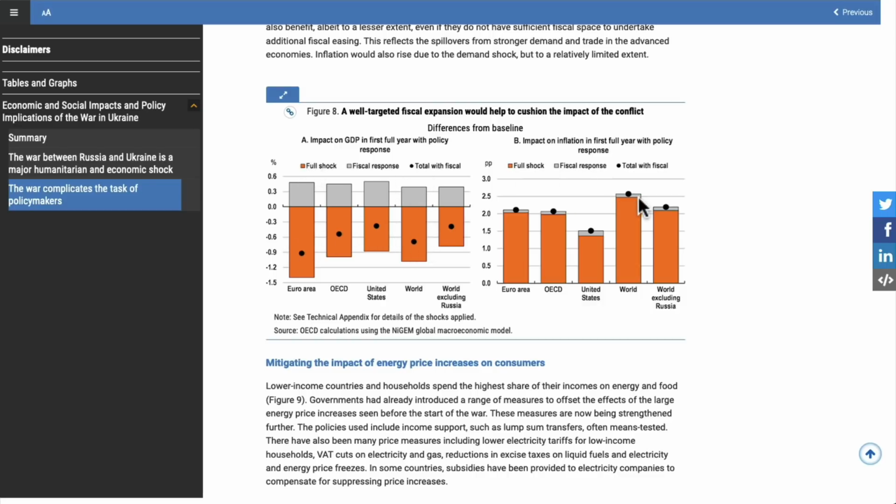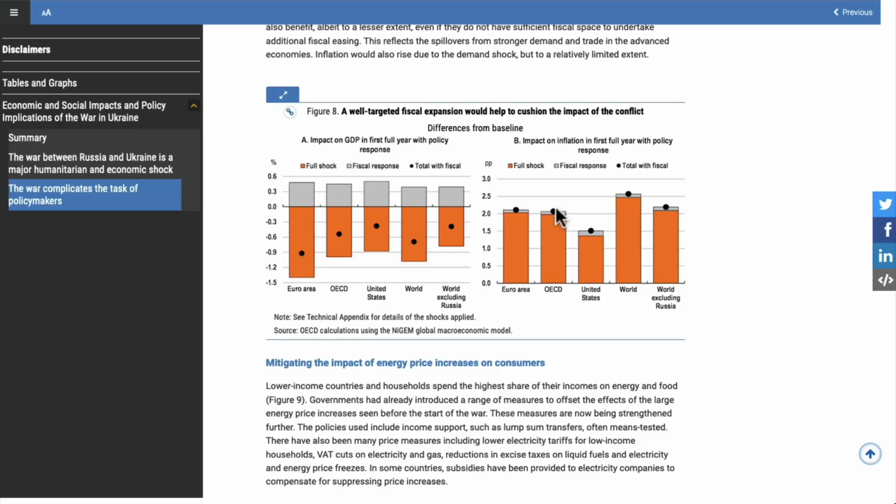The problem comes over here, is it adds to inflation. So the orange bar is a full shock, and then if you have a fiscal response, it actually pushes inflation higher. Which would then force the central banks around the world to increase interest rates at a faster rate. And those consumers that carry debt, and let's face it, a lot of consumers carry debt, whether on credit card debt or mortgages, would be squeezed there as well.